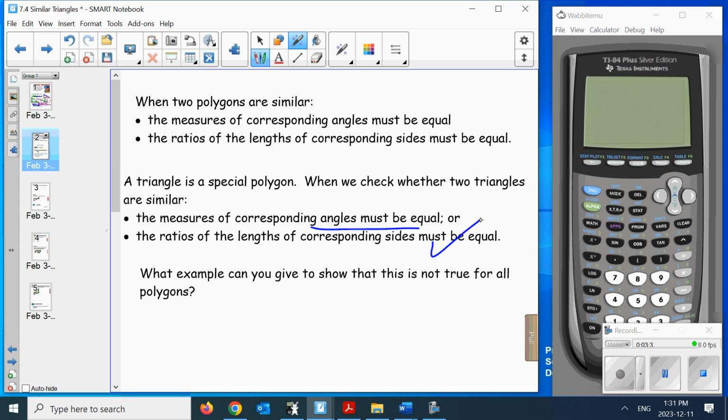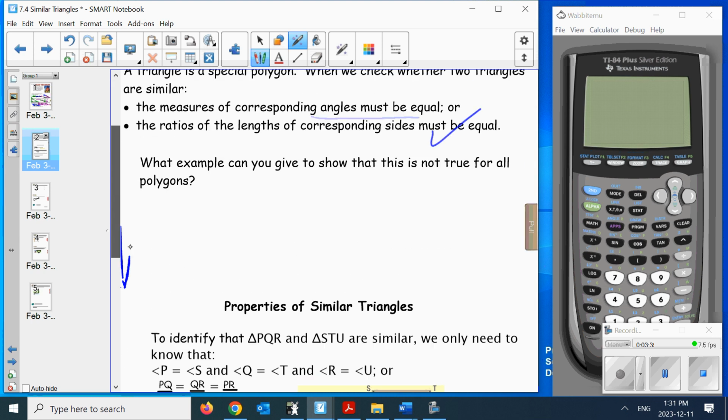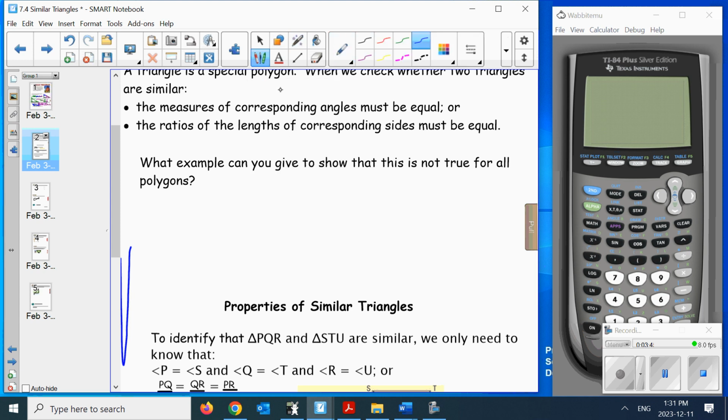What example can you give to show this? I already talked about this one, so we'll give another example. Here's a non-example, where it's not true.